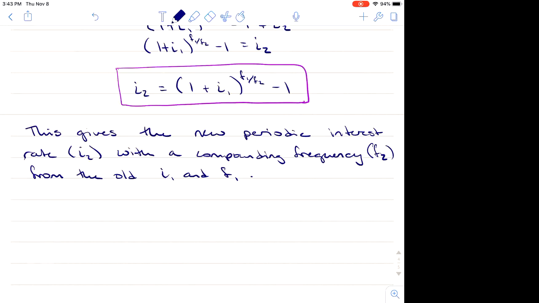And then I can calculate my new periodic interest rate. Nice. So we're going to use that one a lot. Really the effective interest rate is just a special case of this where F2 is just 1, sorry. You're moving to annual compounding always.